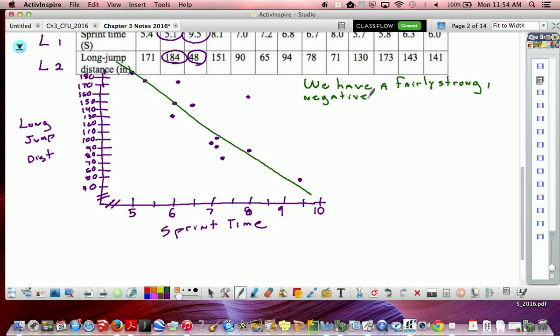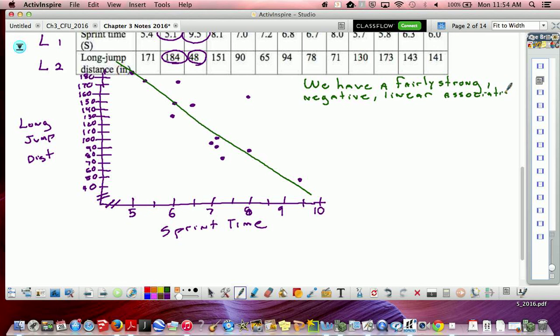Negative, and then I use the form last. 95% of the time, it will be linear. It'll probably pop up in one problem in your assignment where you might get something that's not. So we have a fairly strong negative linear, and then we'll say association, or we could say relationship too.